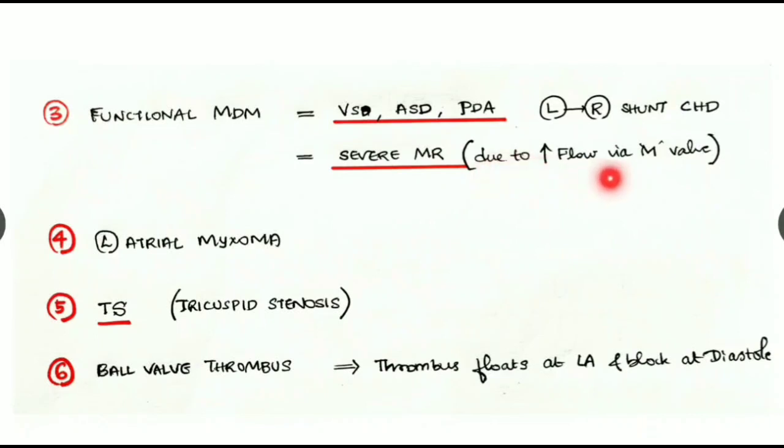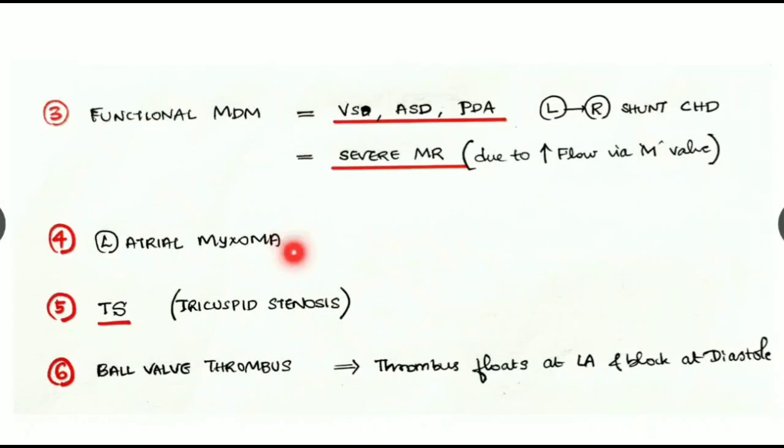Because of increased flow via the mitral valve, as there is regurgitation of blood from the left ventricle back to the left atrium, anyhow towards the end this more amount of blood has to be pumped from the left atrium to the left ventricle, and this blood anyhow has to pass through the mitral valve. So that causes the mid-diastolic murmur, and that is known as the functional MS seen in severe MR.